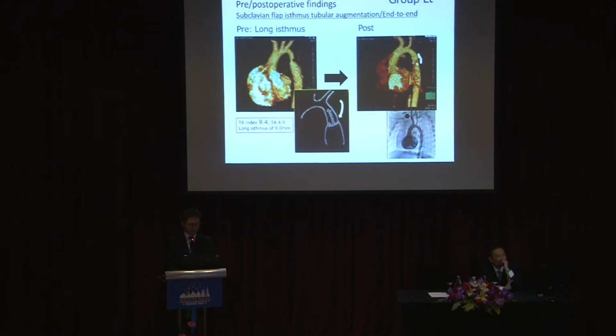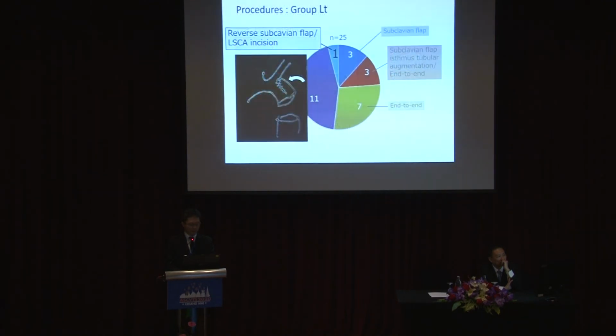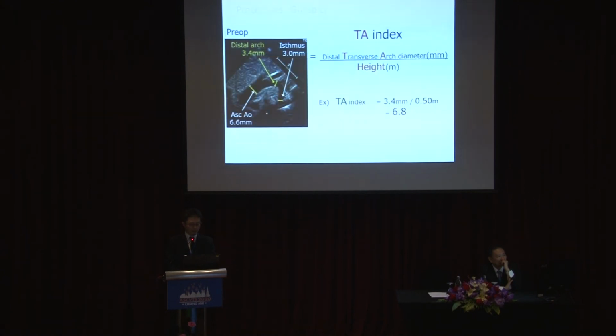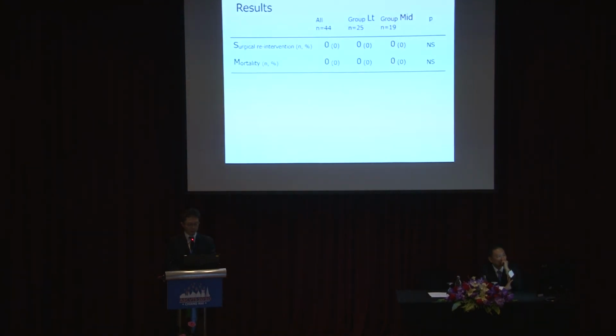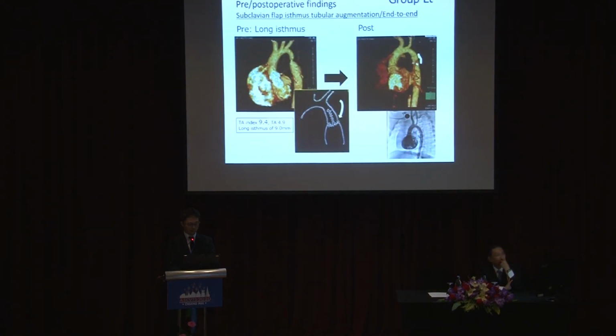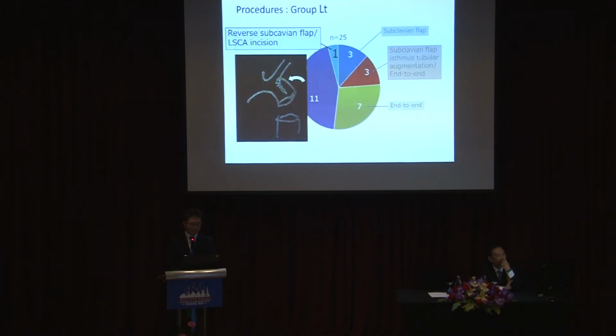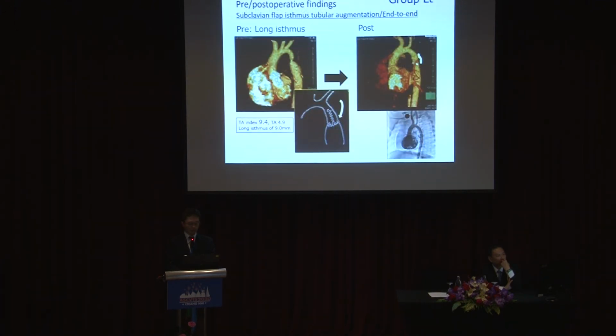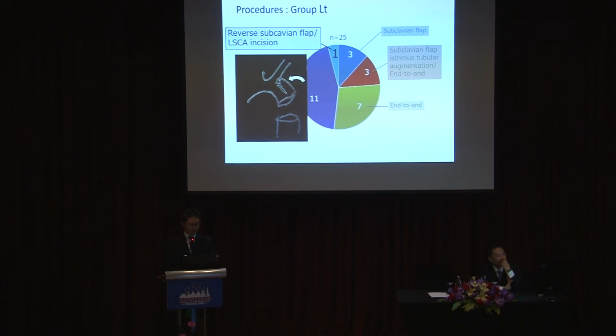This shows post-operative CT angiography. You can see smooth curvature as well. We had one experience making a reverse subclavian flap to augment the distal arch like this.